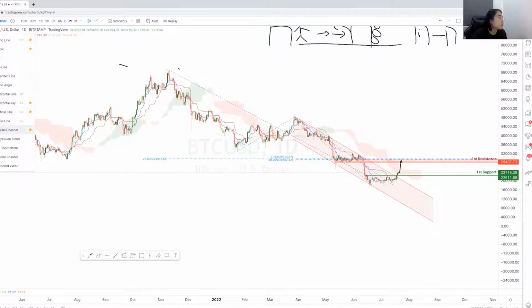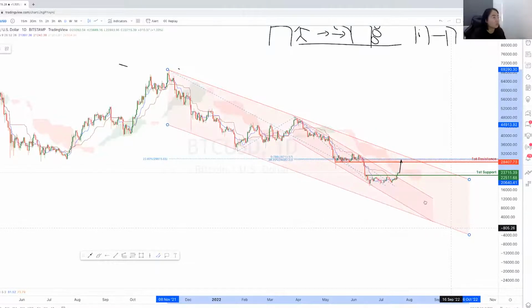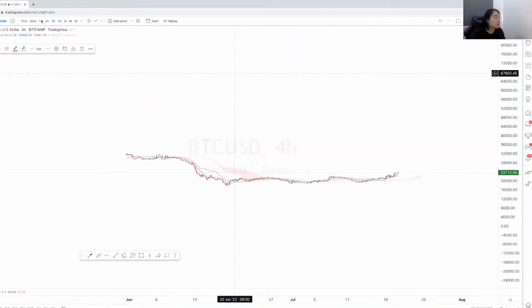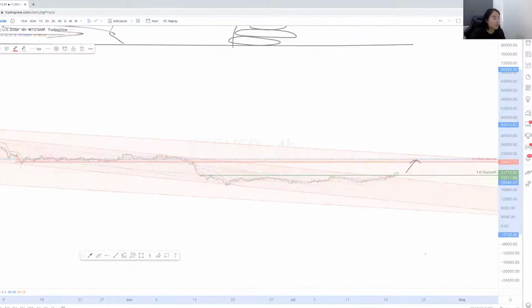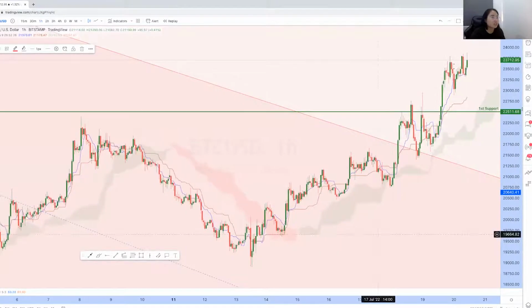On the bigger time frame, this channel looks very relevant. It looks like price is approaching our channel. But if we go to the smaller time frame, the 4 hours, or even the 1 hour, maybe the 1 hour would be even better, do you see how far that channel is?